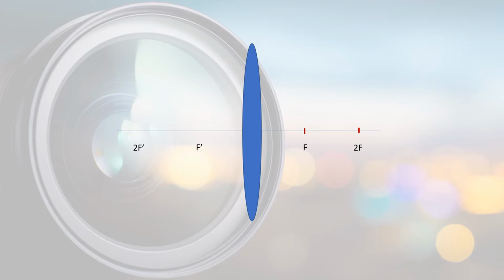The point in front of the lens is called the virtual focus or F prime. Twice the focal length is the point called 2F prime.